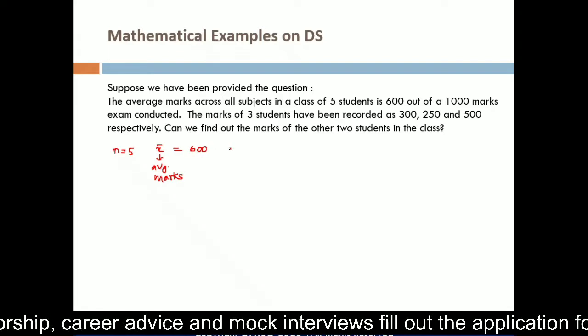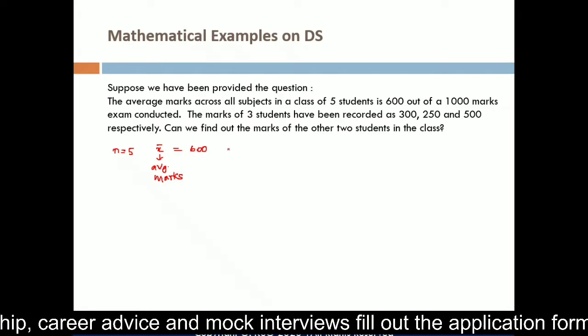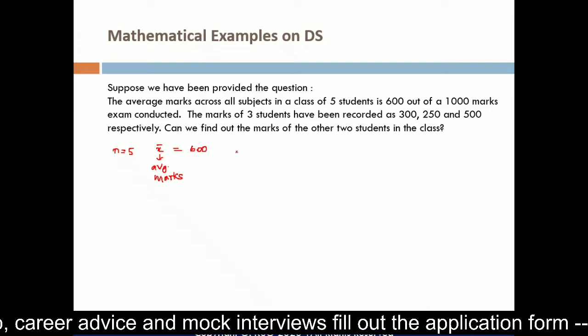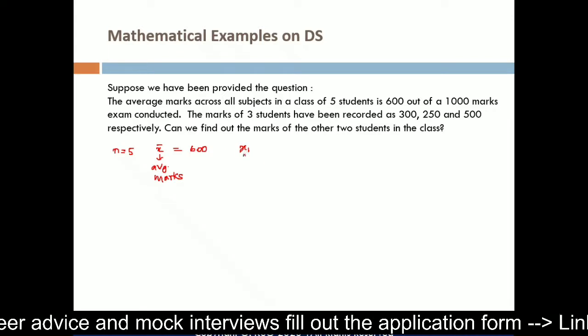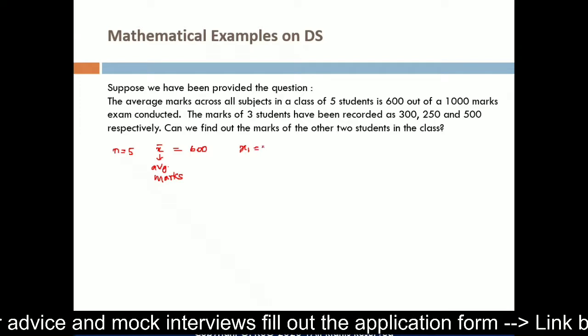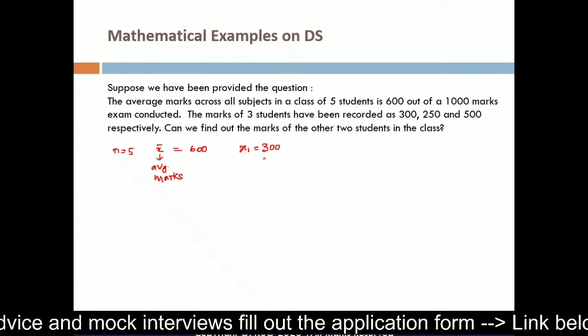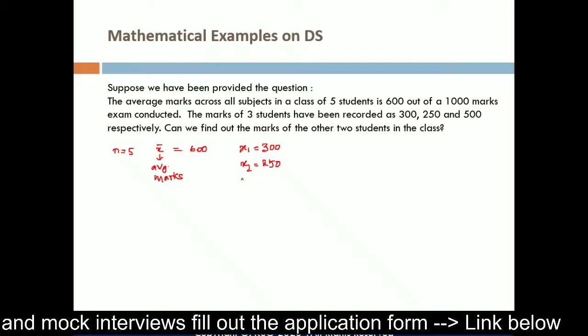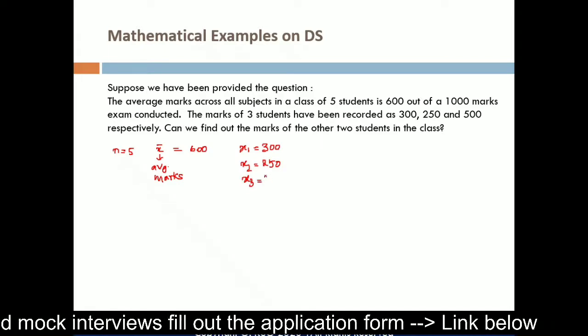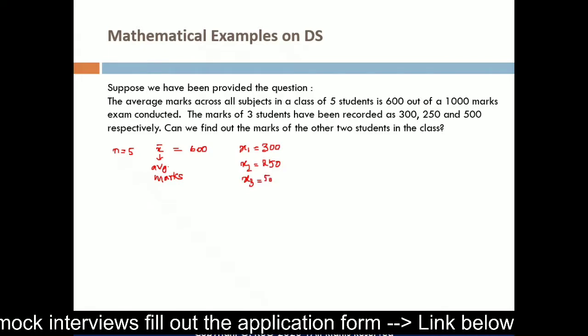Okay, out of a 1,000 marks exam conducted, the marks of 3 students, let us say, are the following: x1 equal to 300, x2 equal to 250, and x3 equal to 500.